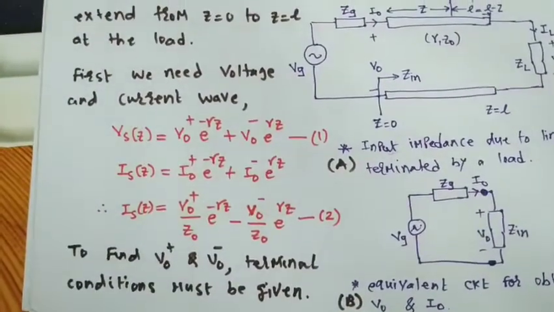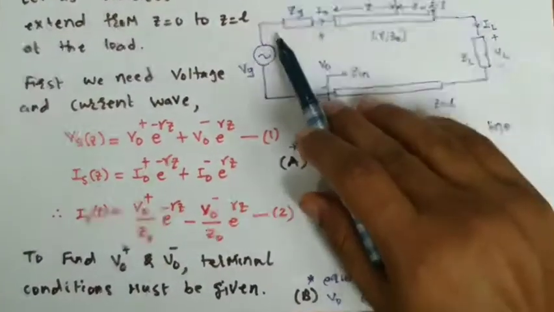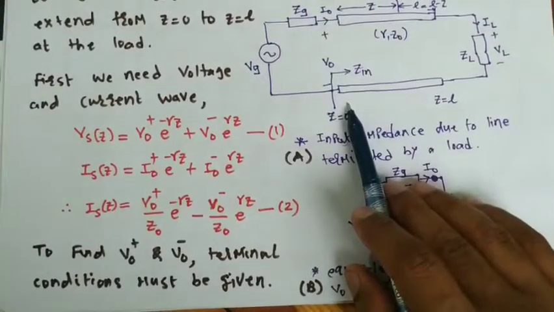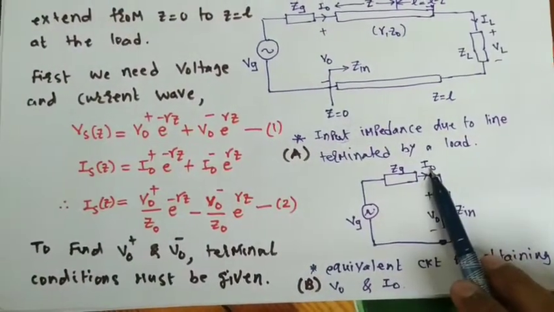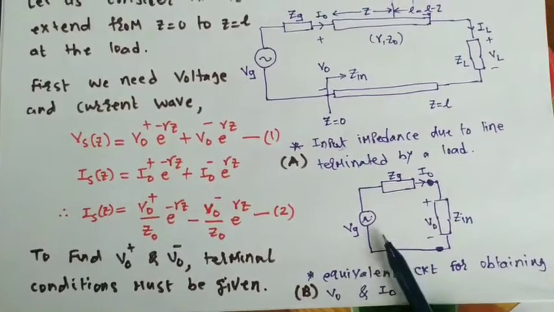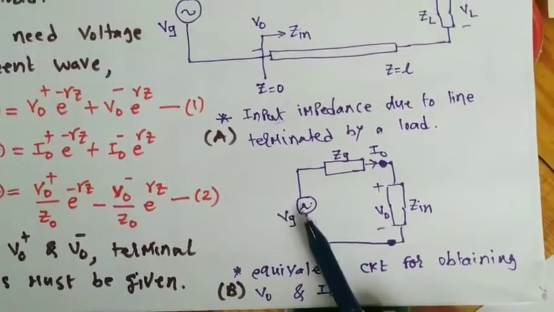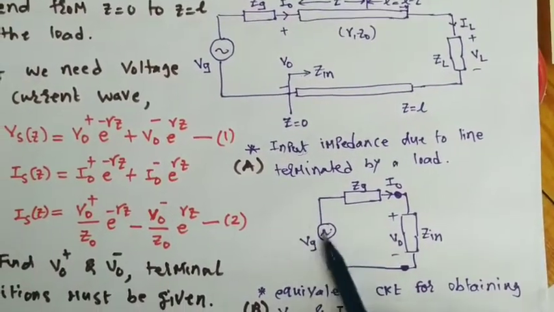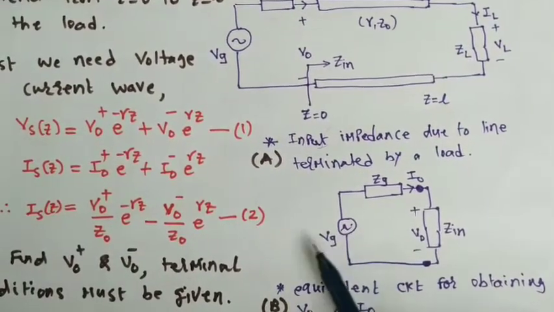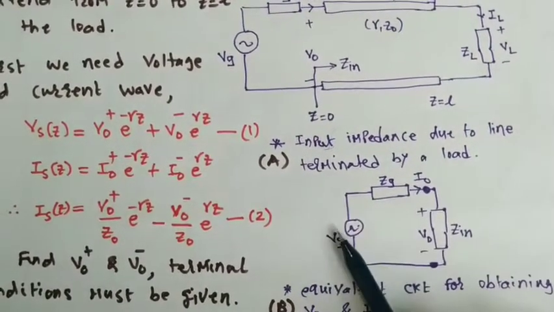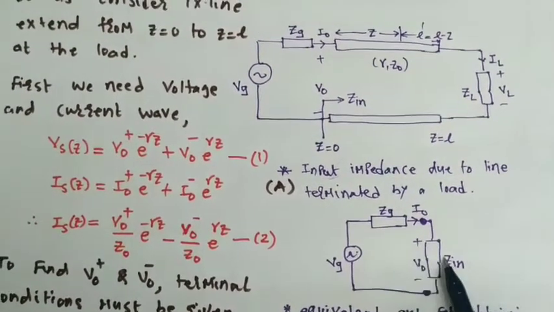Here we have equivalently represented the same circuit in such a way that we can obtain V0 and I0. From this figure we can easily see that a generator is connected at the source side, with an internal impedance, and there is an input impedance.